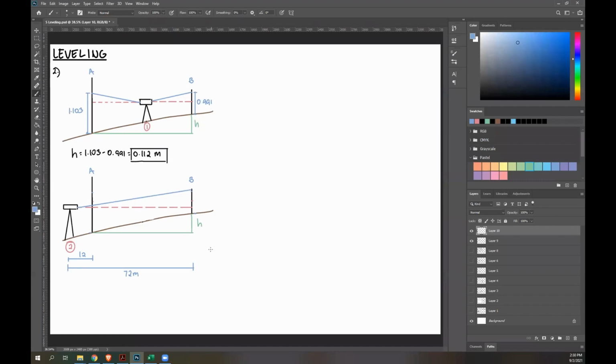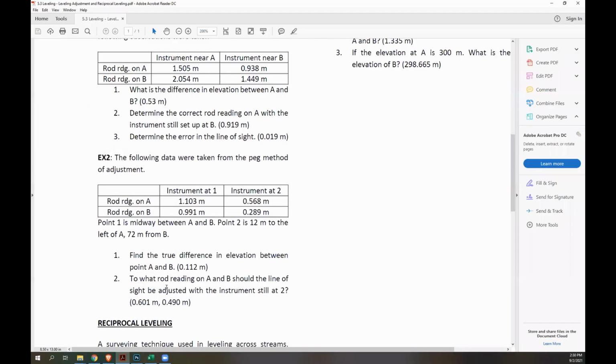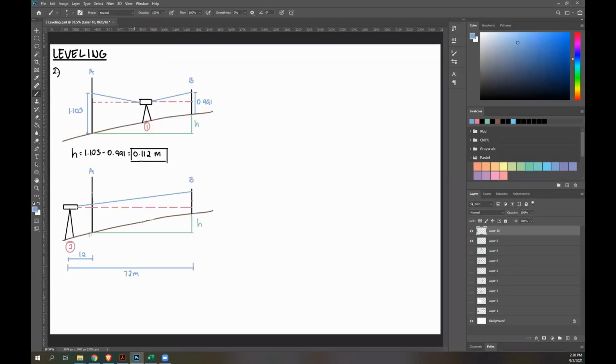So the question here is, to what reading on A and B should the line of sight be adjusted with the instrument at 2? So the question is, what should be the reading here? And then I'm going to adjust the instrument until I see those readings. Okay? So let's label all of that.